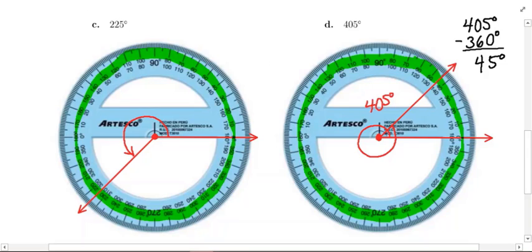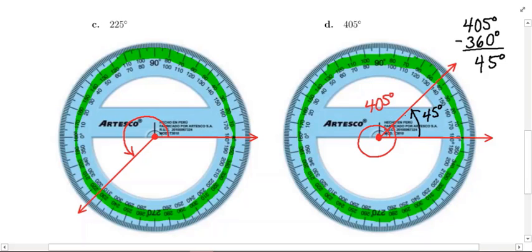If you had started at the initial side and rotated counterclockwise just 45 degrees, look at this little black arc that I put in here. That would be a 45-degree angle. Instead, if you rotated an entire circle, one entire revolution to the 360-degree mark, and then went 45 more degrees in the counterclockwise direction, you would end up at 405 degrees.